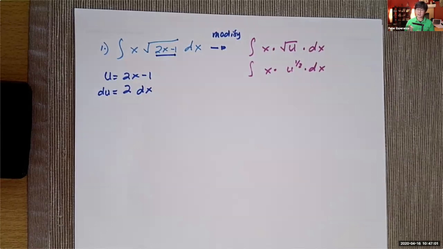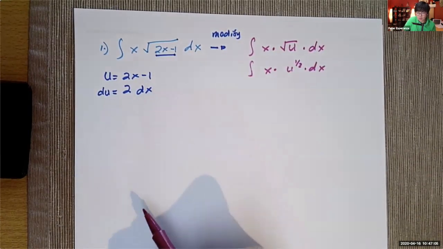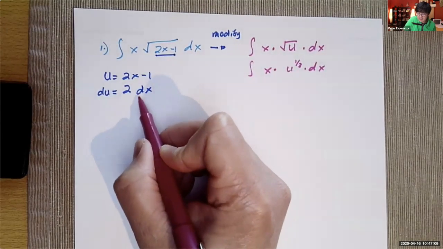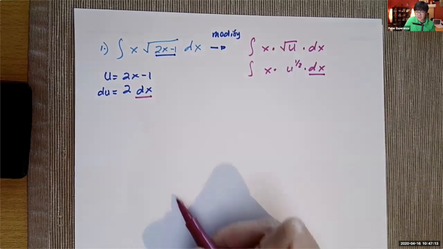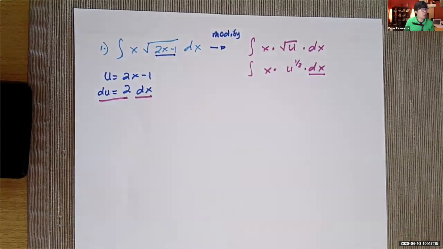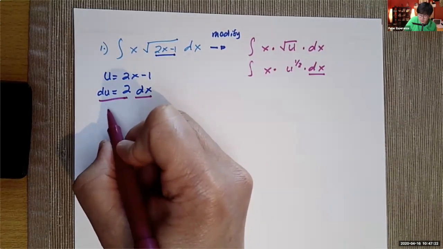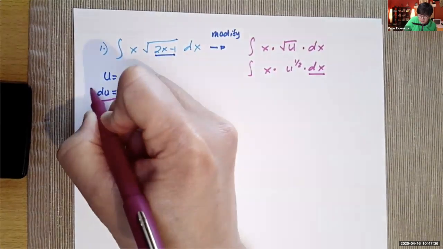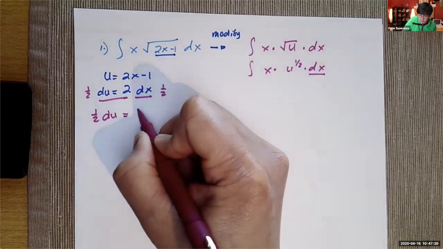So what we can do is to further modify this so that it would work for us. We change the dx into this function. How are we going to do that? We multiply both sides by 1/2, and we'll have 1/2 du equals dx.